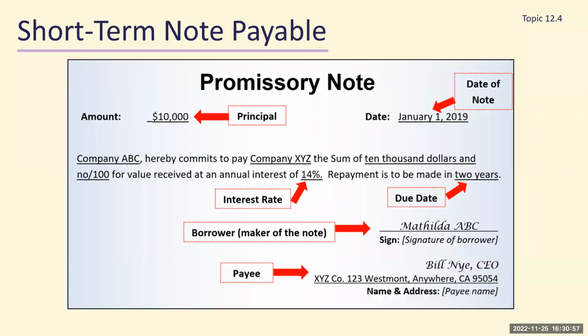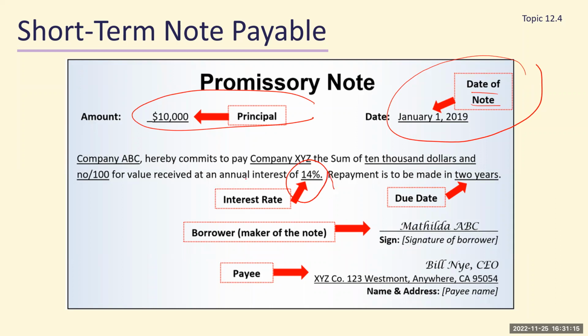So here's a sample promissory note. It's also in your chapter. Each one might look a little different, but it still has to contain the same basic information: the date the note was created, the principal, which needs to be repaid at maturity, and the interest rate. Notice that that is always expressed as an annual interest rate, or APR, annual percentage rate.